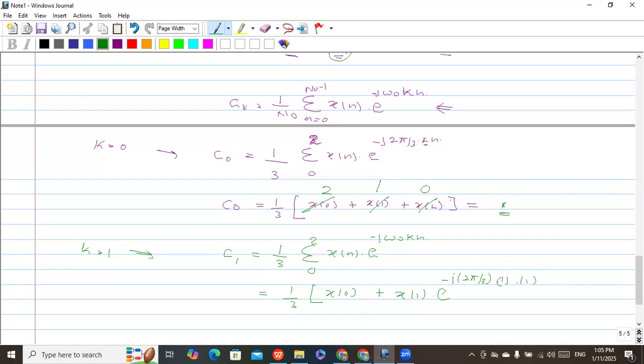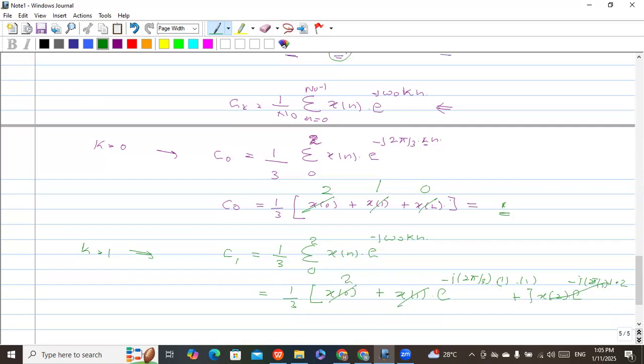So this term is there, and again x2, e to the power minus j omega naught is 2π by 3, k is 1, n is 2. So you have this term. So x naught is 2, x1 is 1, and this x2 is 0, so this term cancels.